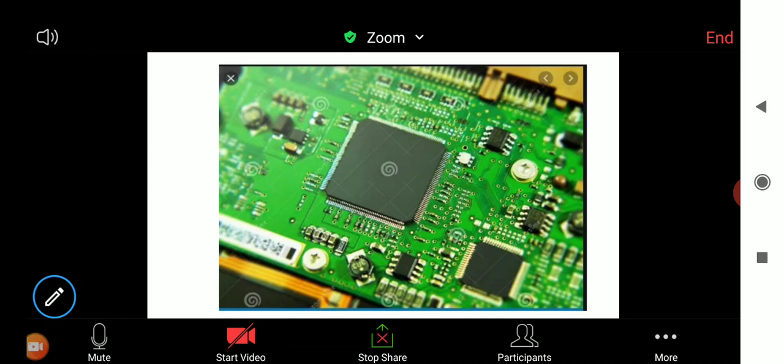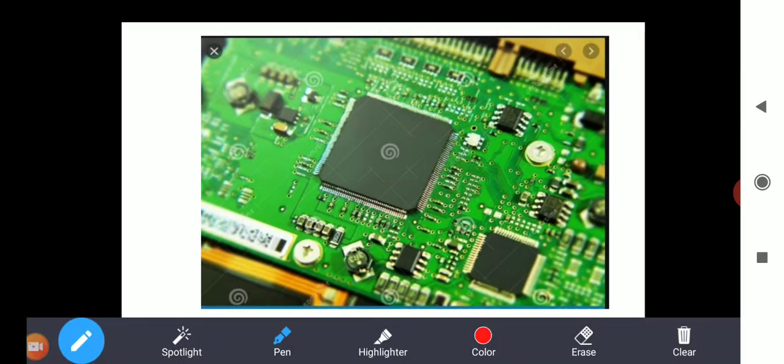This is an IC, you can call it maybe a processor IC. These processor ICs are very big, and these are all small ICs. For different functions we have different ICs.